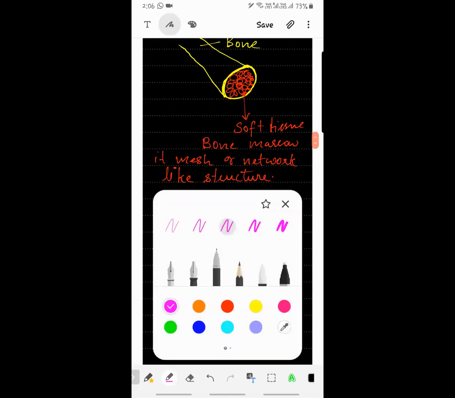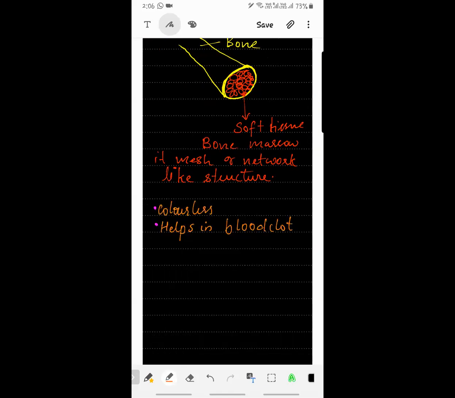If platelets are not there, the blood will completely come out, and this loss of blood will make a human being or animal die. So they are colorless and help in blood clot. Blood clot is a very important thing present in blood.